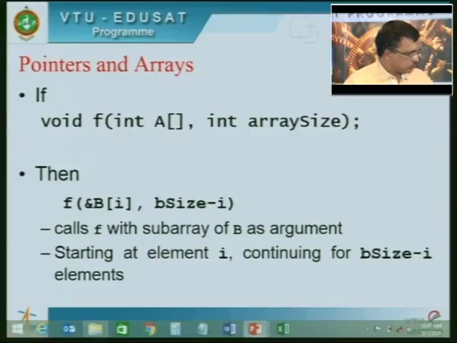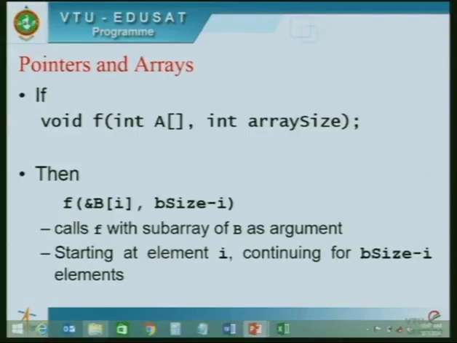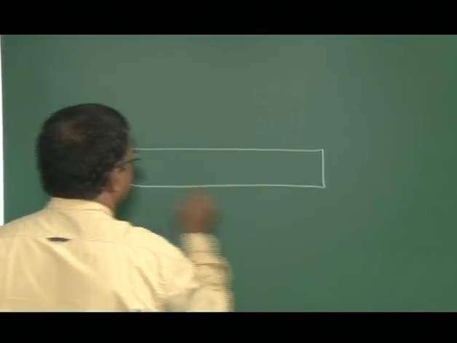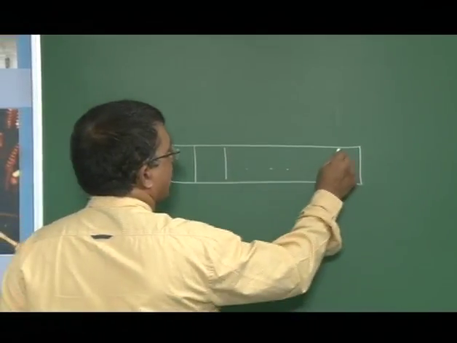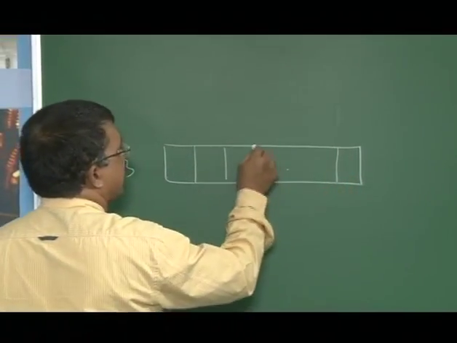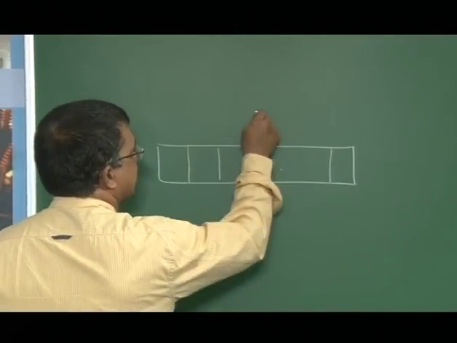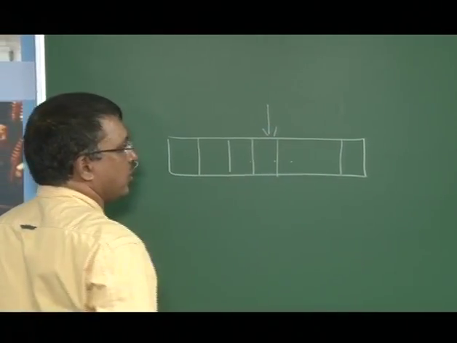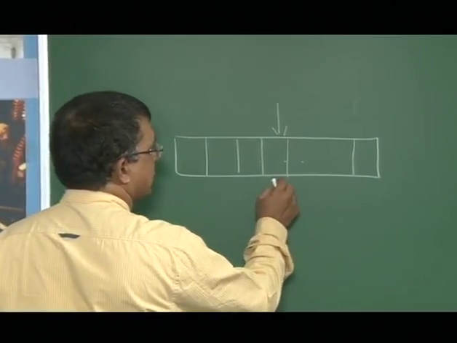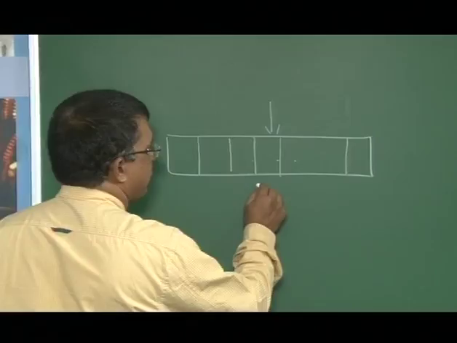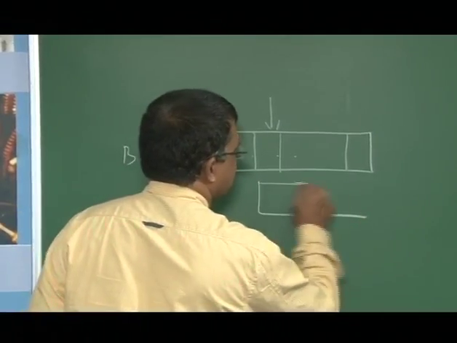So, if I have to draw a picture for this, I have this b, which is an array. Assume somewhere I have this ith element. So, what am I passing to the function? I am passing to the function basically this block.